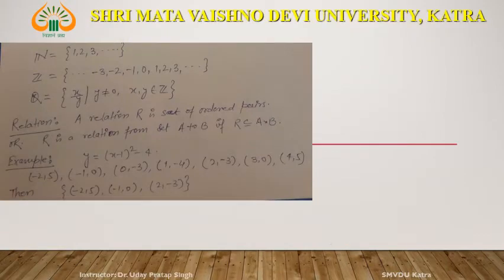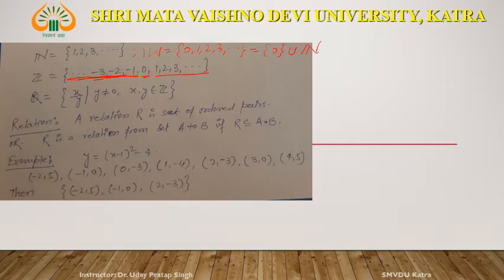What is a natural number? 1, 2, 3, 4 up to infinity is known as natural numbers. What is a whole number? Whole numbers are 0, 1, 2, 3, and so on, that is 0 union the set of natural numbers. What is the set of integers? The set of integers includes negative integers, zero, and positive integers.